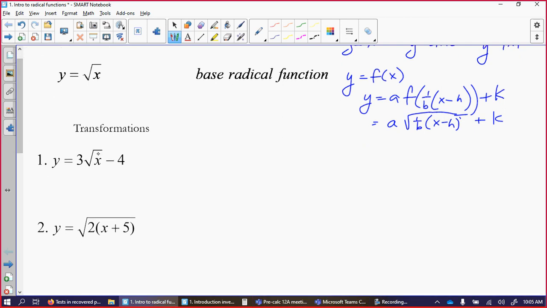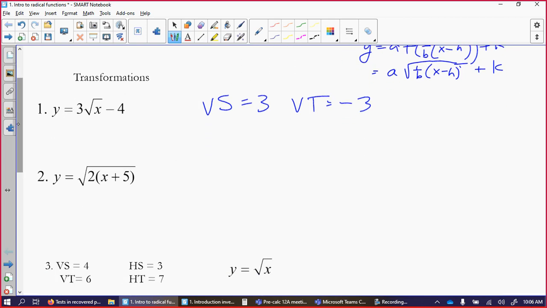So if I have y equals 3 times the square root of x minus 4, we have an a value, so we have a vertical stretch of 3. There's nothing under the radical, so we have a vertical translation of minus 4. The next slide we'll talk about graphing them from the base graph, but just familiarizing ourselves with these sorts of things, then we can go through and build everything.